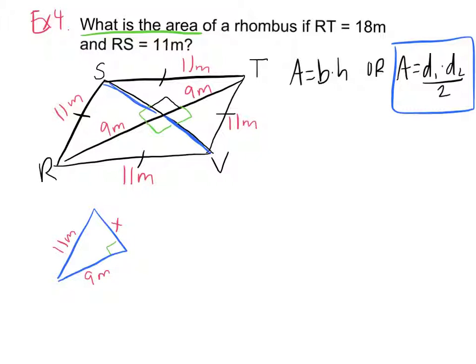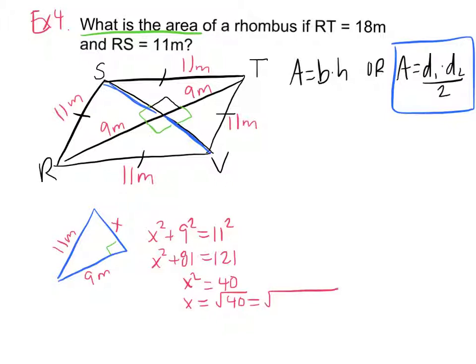So using the Pythagorean theorem, that's x squared plus 9 squared equals 11 squared, or x squared plus 81 equals 121. Now if you subtract 81 from 121, we get 40. That means that x is the square root of 40. Now the square root of 40 is 2 times 5 times 2 times 2.